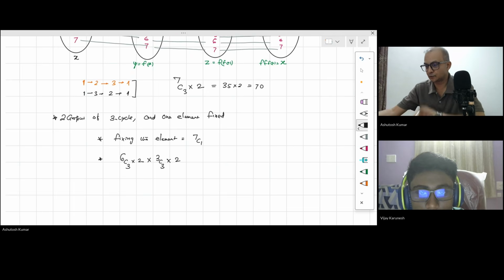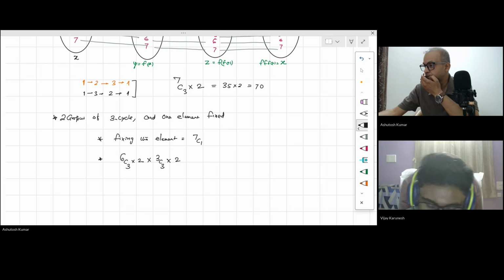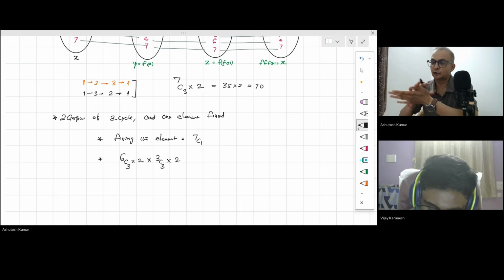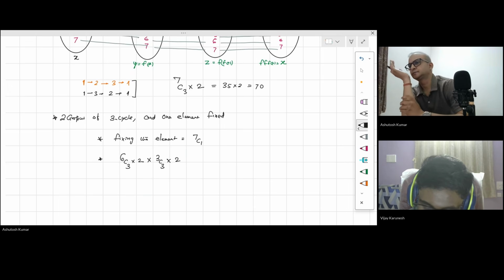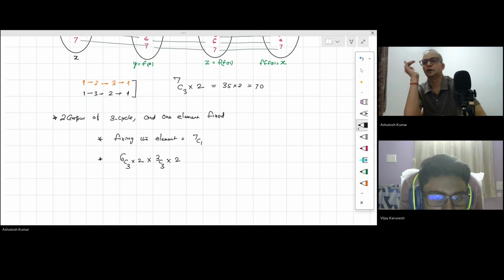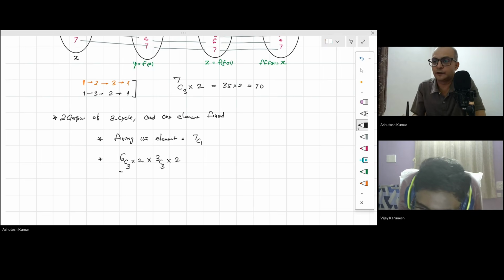Not intersecting means what? They don't have any common elements. That's okay, but we are also thinking something else. Do you think that the order of the group matters, which you choose first? No, sir. So that's why I think we have to divide by 2 factorial.